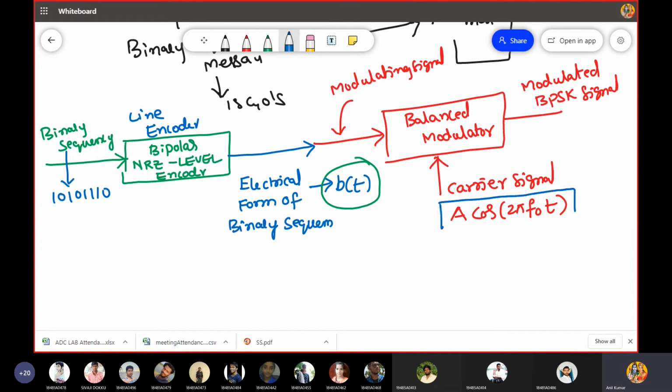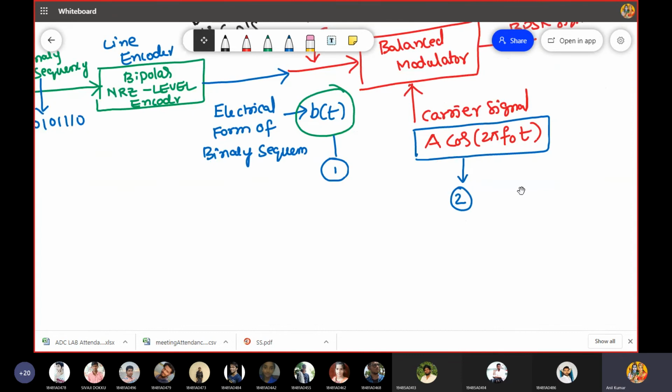So this is the carrier signal. This is one more signal; this is the first signal and this is the second signal, and these two signals are applied to the balanced modulator. What is the function of the balanced modulator? Simply, the balanced modulator, or product modulator, performs the multiplication operation between these two.